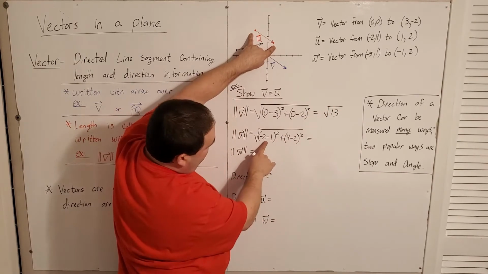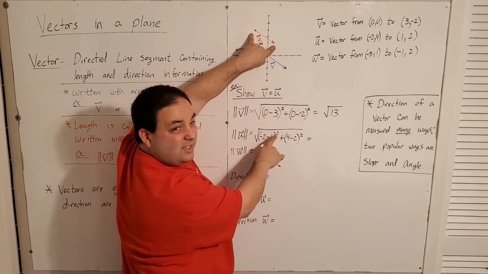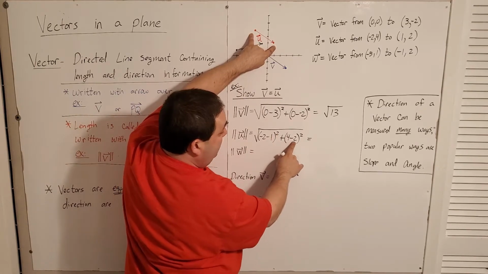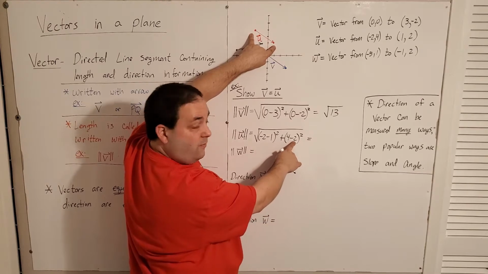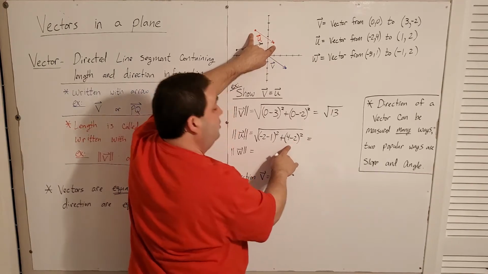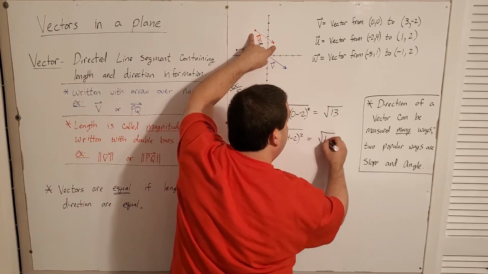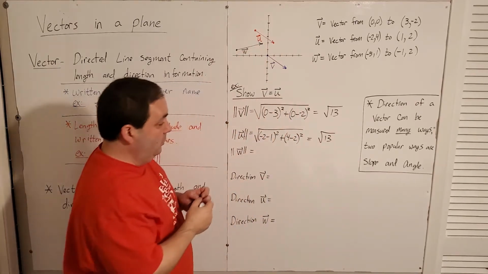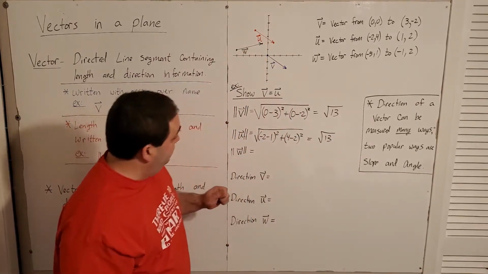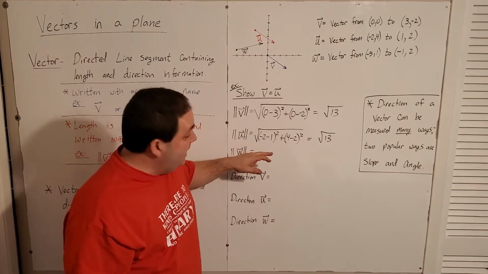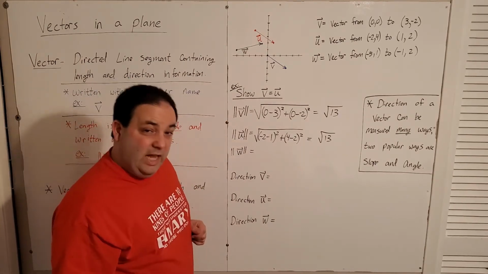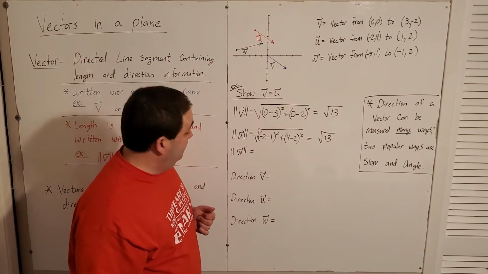Notice here we'll get -3 squared, which is 9, and 4 minus 2 is 2 squared, which is 4. And 9 plus 4 again is 13, so I have the square root of 13. That's one little hat tip that v and u are probably equal. They have the exact same length, the same magnitude.